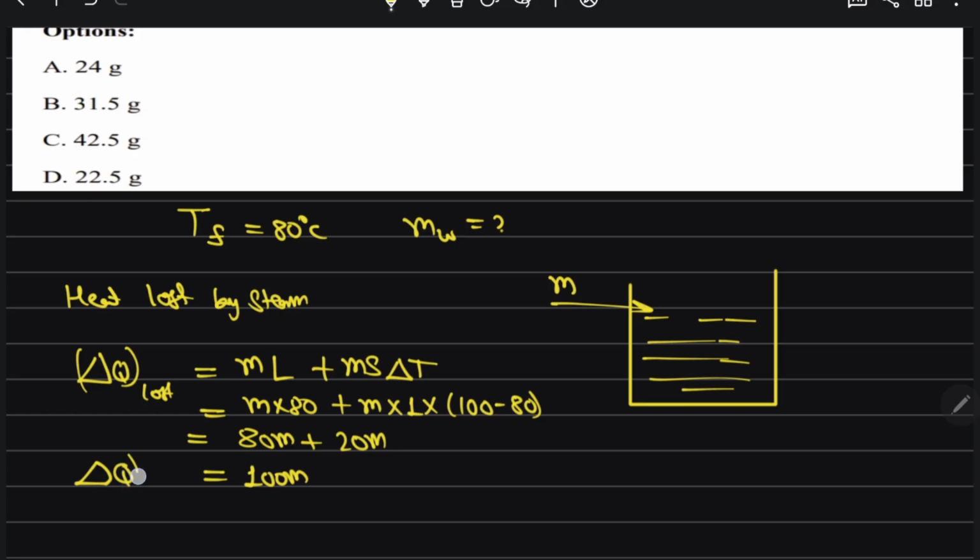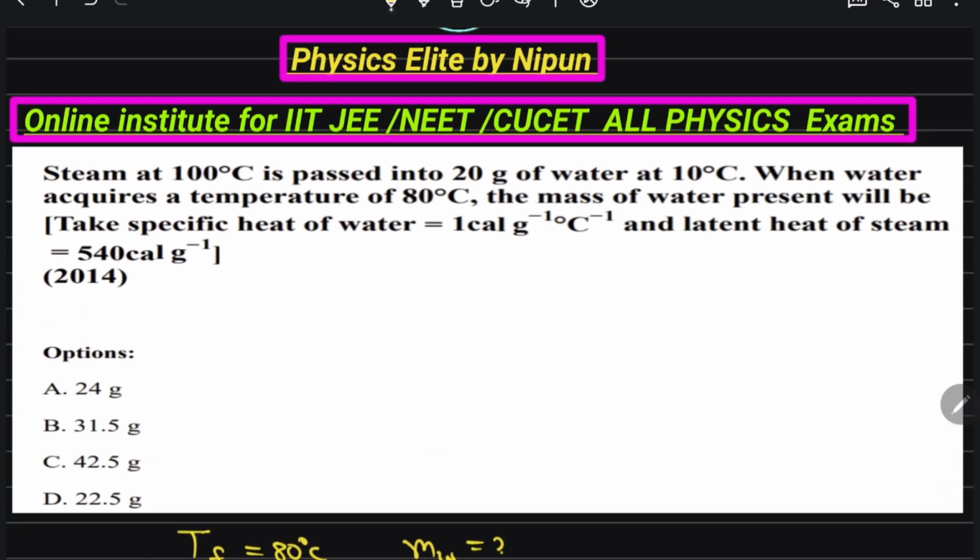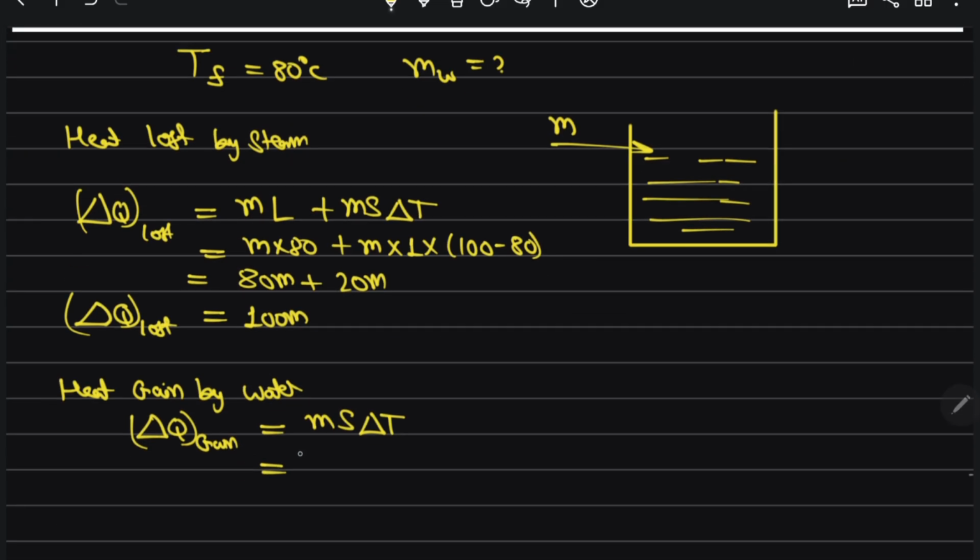So delta Q lost is equal to heat gain by water. Delta Q gain is equal to m s delta T. The mass of water they have already given you, 20 gram, specific heat of water 1.